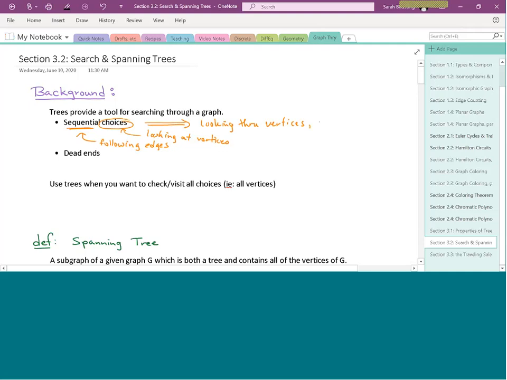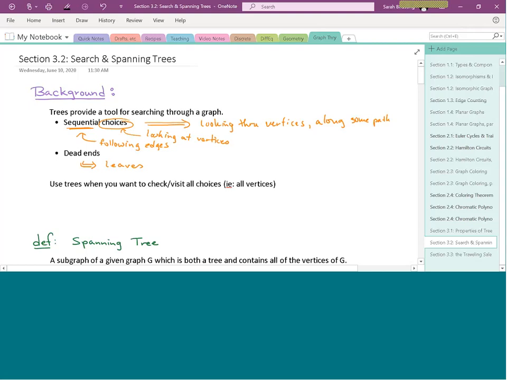Again, along some path. Now, do you have to have exactly one path? Not necessarily. Now, dead ends, these guys, when your path ends and you can't go any further and there's no possible way to go any further, this corresponds to leaves of your graph.